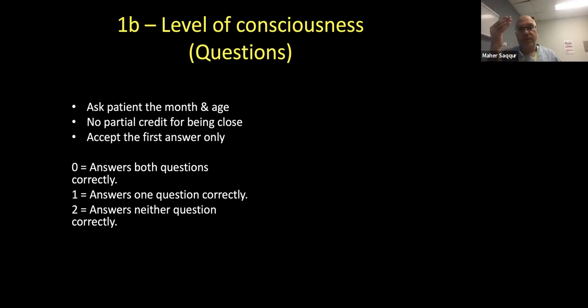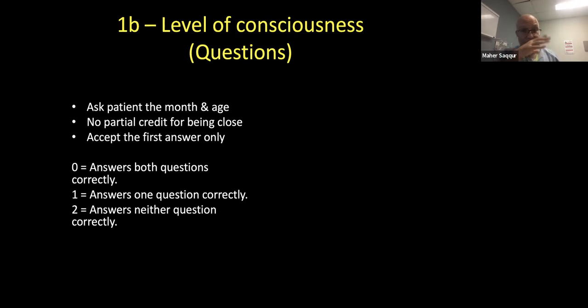So that's the first item of level of consciousness. The second item of level of consciousness: if the patient is awake, alert, you ask them the month and their age. You ask the patients what month we are in, and how old are you.